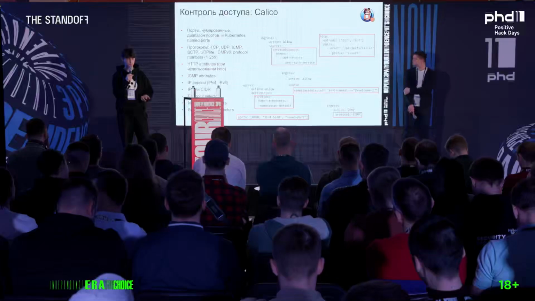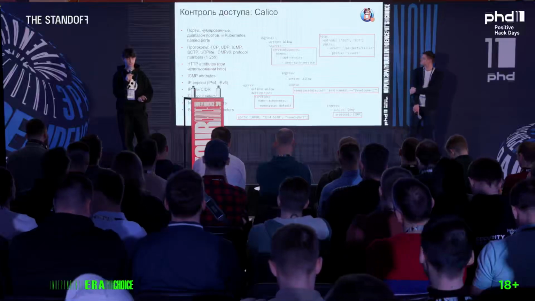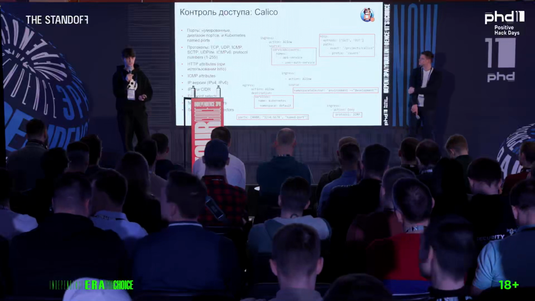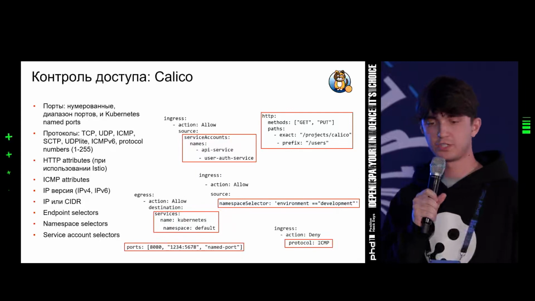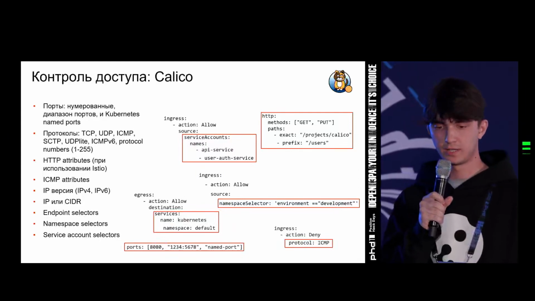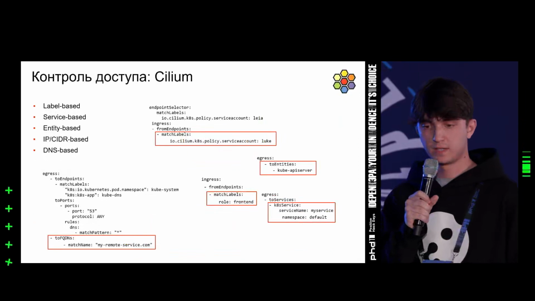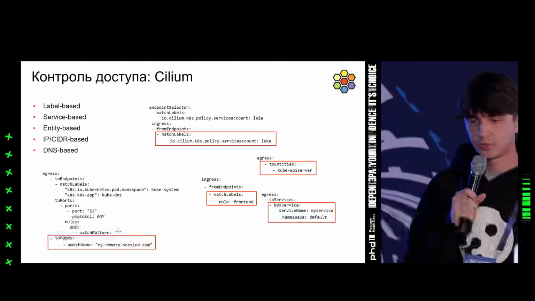There is also support of CA policies, so you can describe it explicitly in policy and make use of it. And also extended protocol use and IP use is something that I'd like to mention.